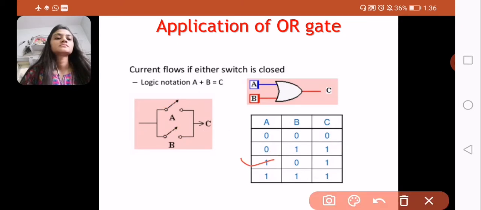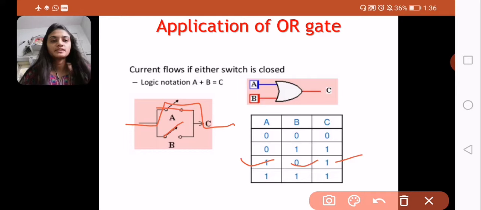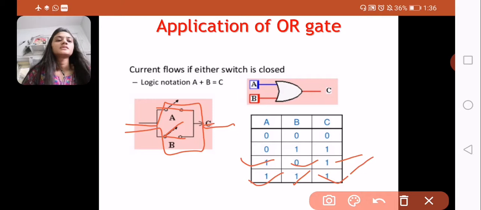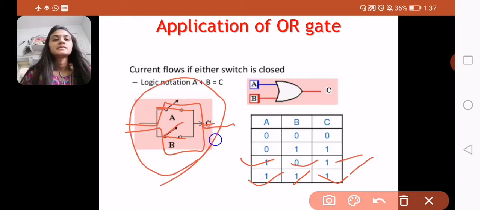A is closed, B is open, so current will pass through A and reach up to C. So there will be some current, that means output is 1. Last case is 1 1, both the switches are closed, so current will pass through both the switches, so you will get some output. So output logic is 1. In this manner OR gate is used by connecting a parallel combination.